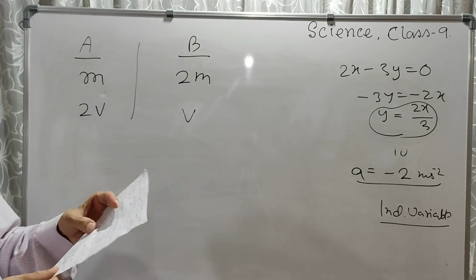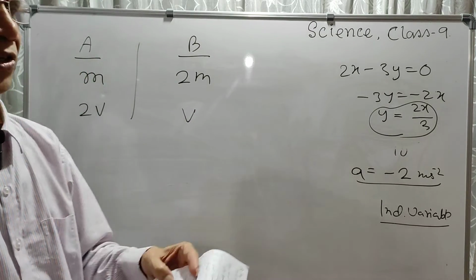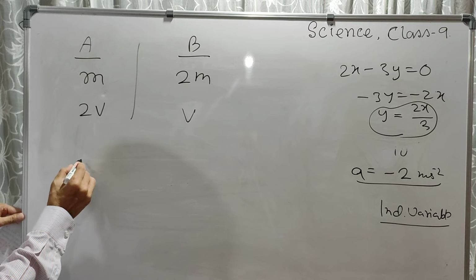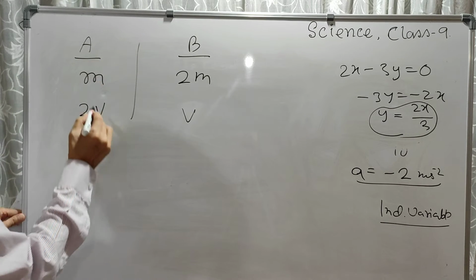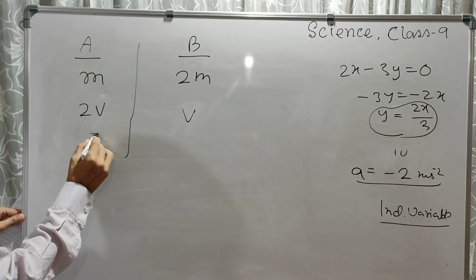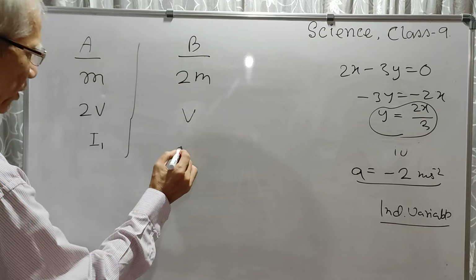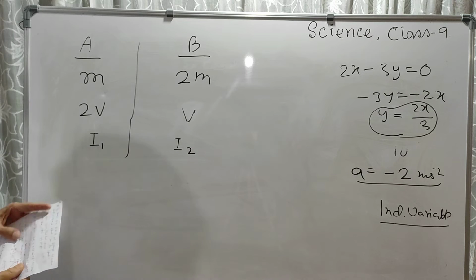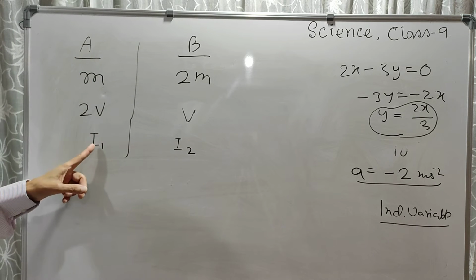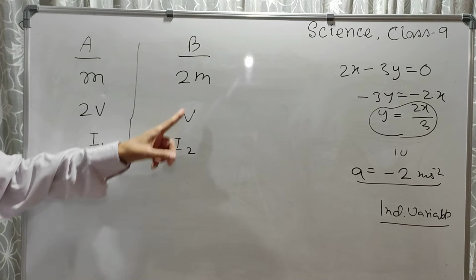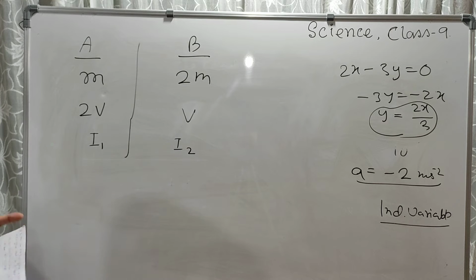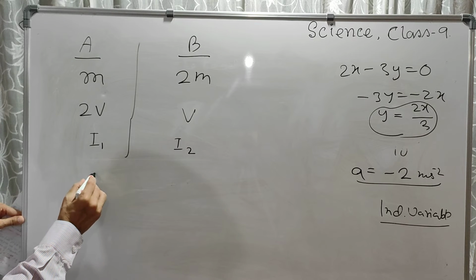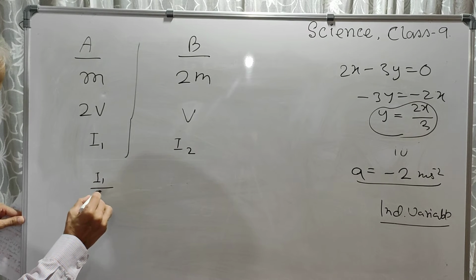Now the question is compare their inertia. Suppose inertia of the first body A is I1 and inertia of the second body B is I2. When you compare, you find the ratio I1 by I2.